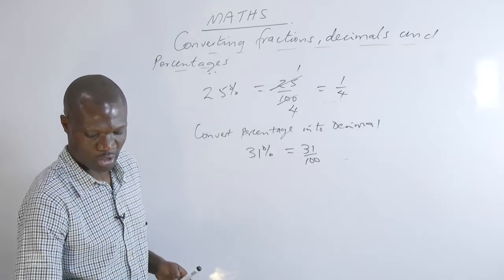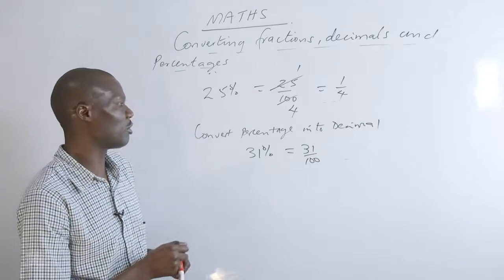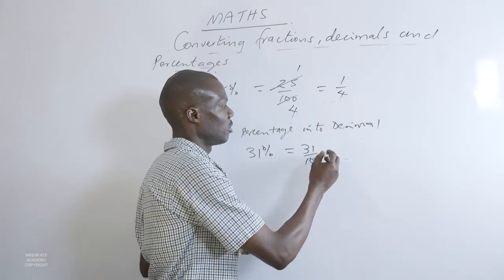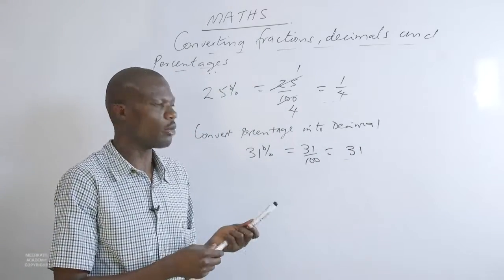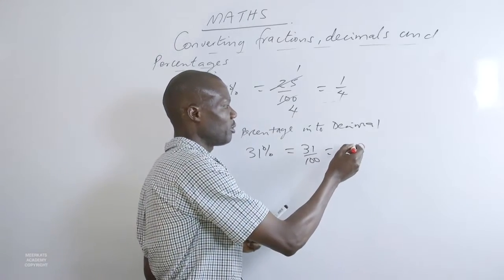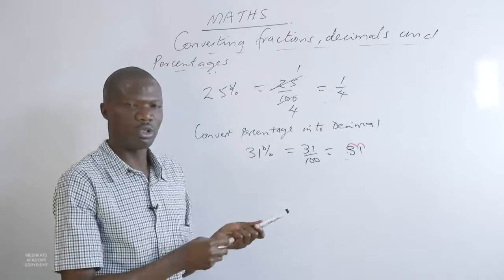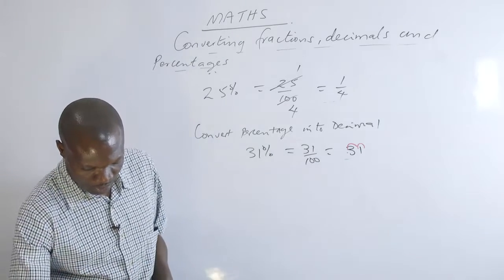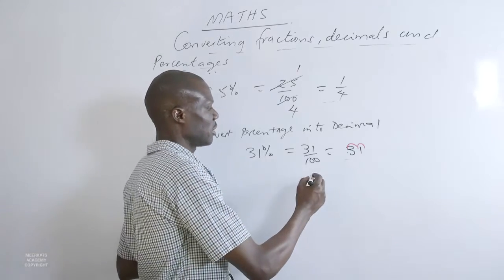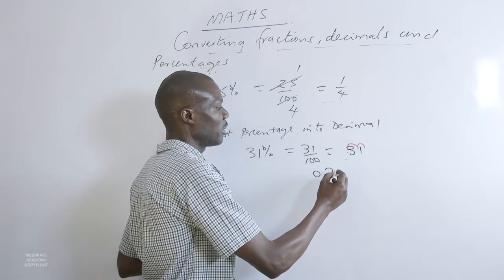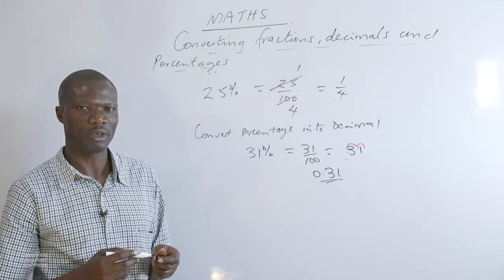So I expect you to have 31, and then we move 1 step, 2 steps, we have a decimal point there. So 31% is the same as 0.31 when expressed in decimal.